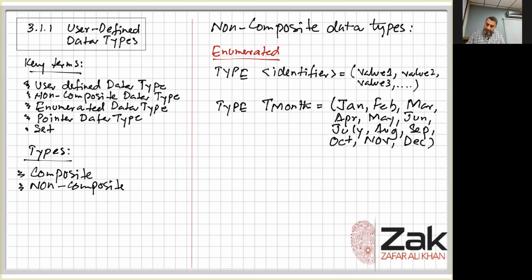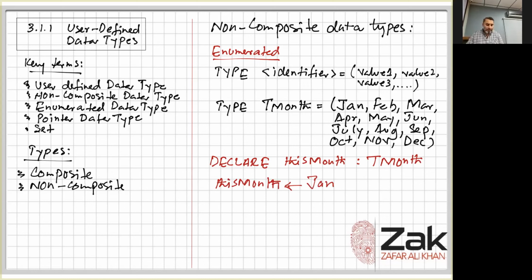So we will declare ThisMonth as TMonth. So we will write ThisMonth is equal to January.